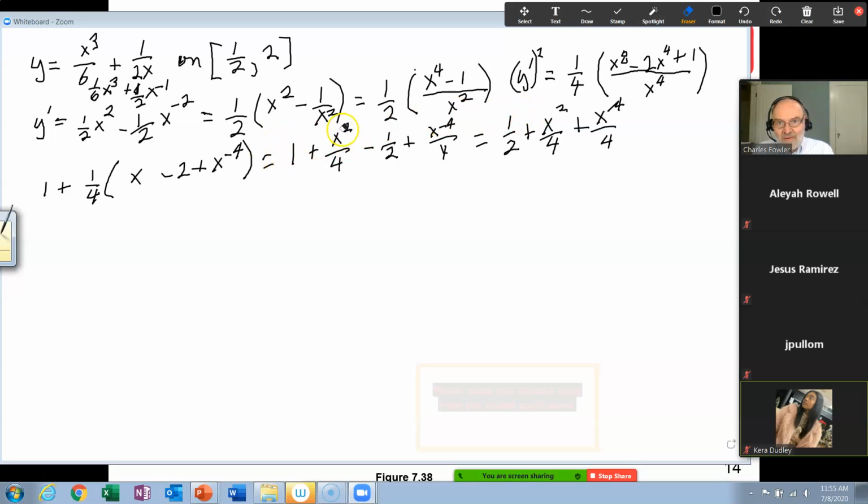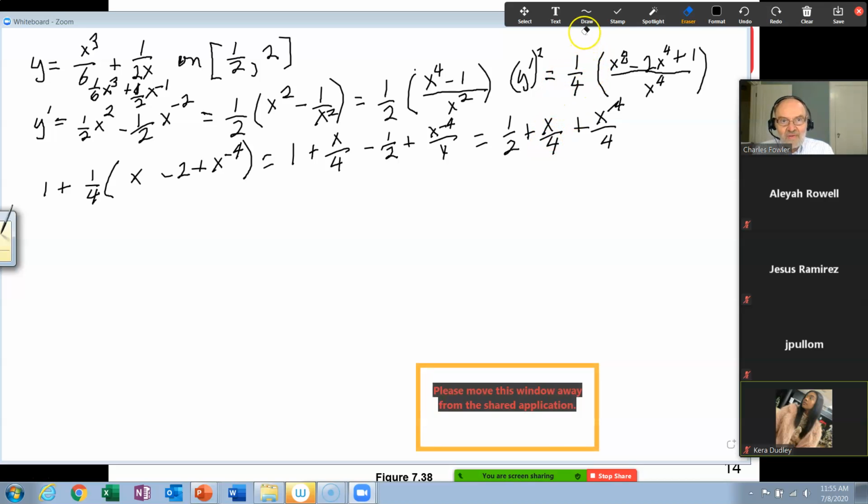There and there and there. Those are all 4s, not 2s. So that would be x to the 4th, 4th, and 4th. Okay. Now, that's what's underneath the radical.